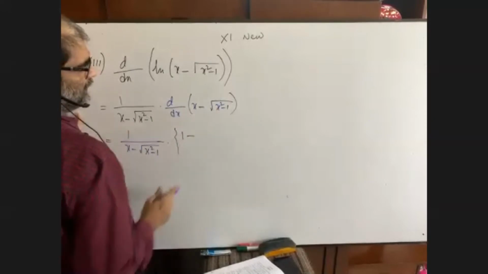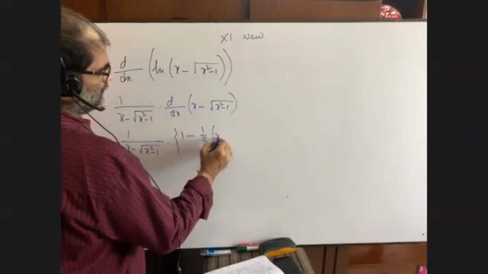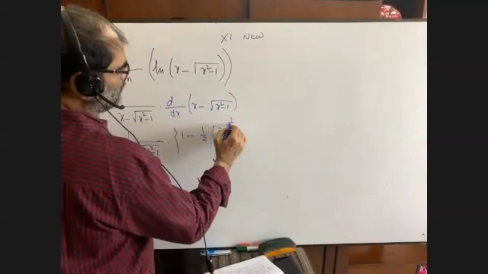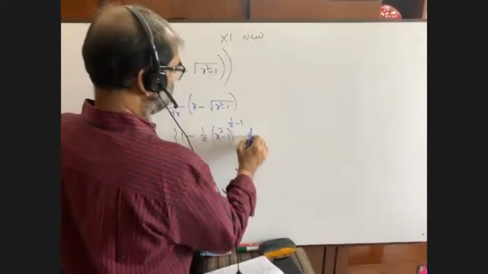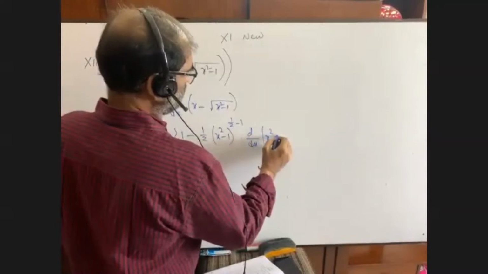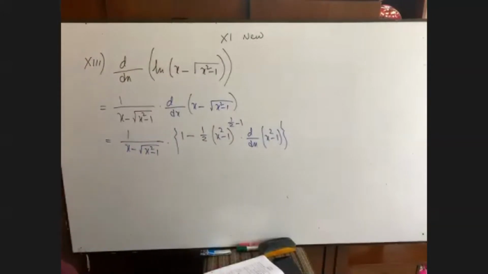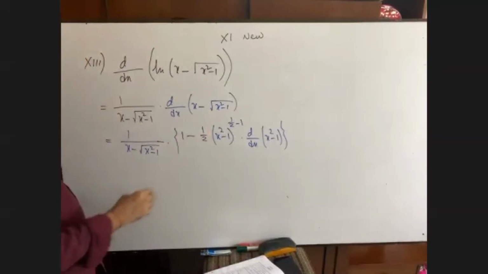Its power is half. So half, x square minus 1, power is half minus 1, then d by dx. I have skipped something. Actually, it is power half. So this is half.